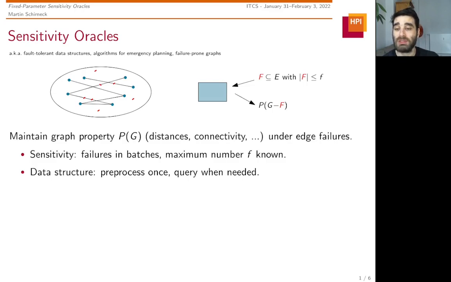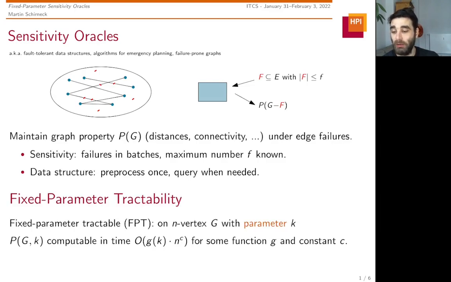But of course, some graph properties are not polynomial time computable, but at least some of them are fixed parameter tractable. That means the graph comes augmented with some integer parameter k, and if we restrict our attention to graphs with that parameter, then the property is computable in time some function of that parameter times a polynomial in the graph size.